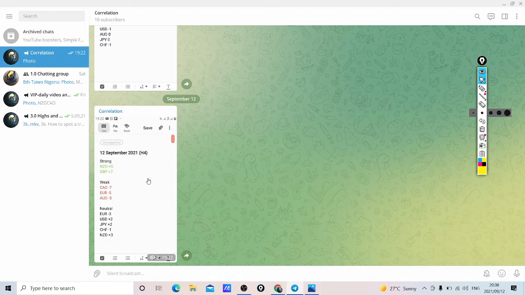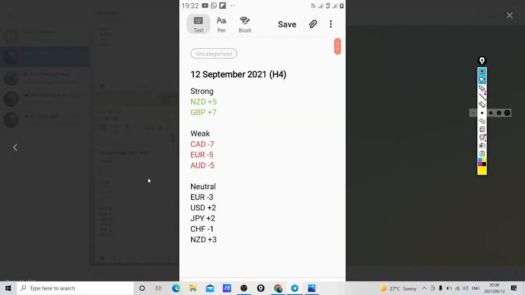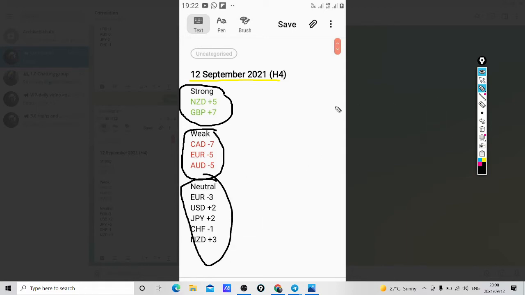Okay, for example, let's look at this picture here. Here we have the date. This date is today's date, which is the 12th. I was looking at the strongest currencies and then I paired them together, and then the weakest currencies, and then the neutral currencies. So these currencies here, NZD and GBP, are pushing to the upside.